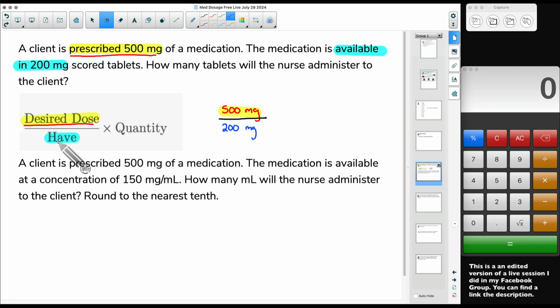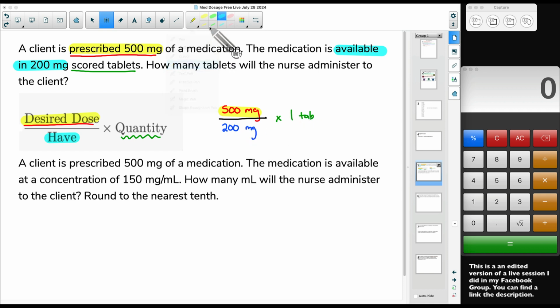In this particular example, the quantity is a tablet. It's per 1 tablet. Now, sometimes the word volume gets tied into here, and we'll see that down here. Volume is liquid. But this, what's available, this 200 milligrams, is kind of tied to the quantity. It's 200 milligrams per 1 tablet.